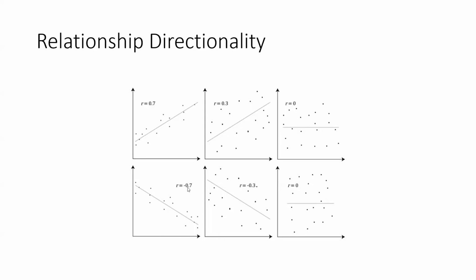R in this case is -0.7 and R in this case is -0.3. Here we have an increase in X corresponding with a decrease in Y. Increase in X, decrease in Y. In this case, there is an inverse relationship.